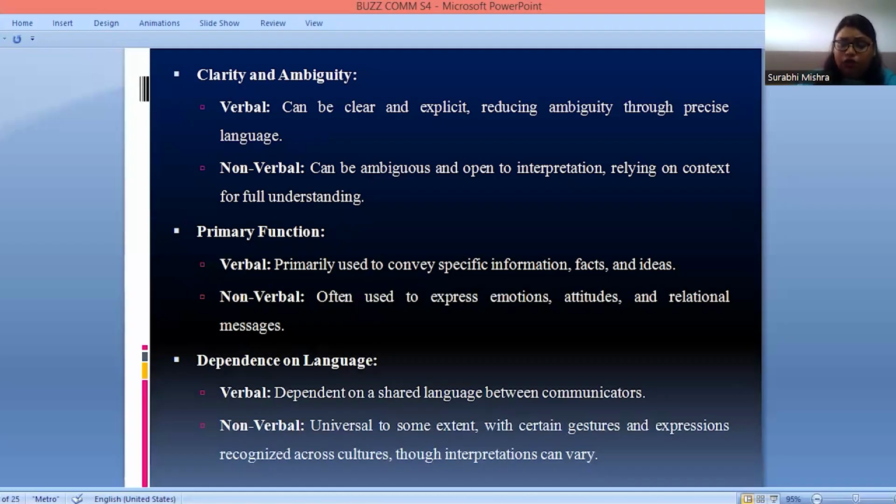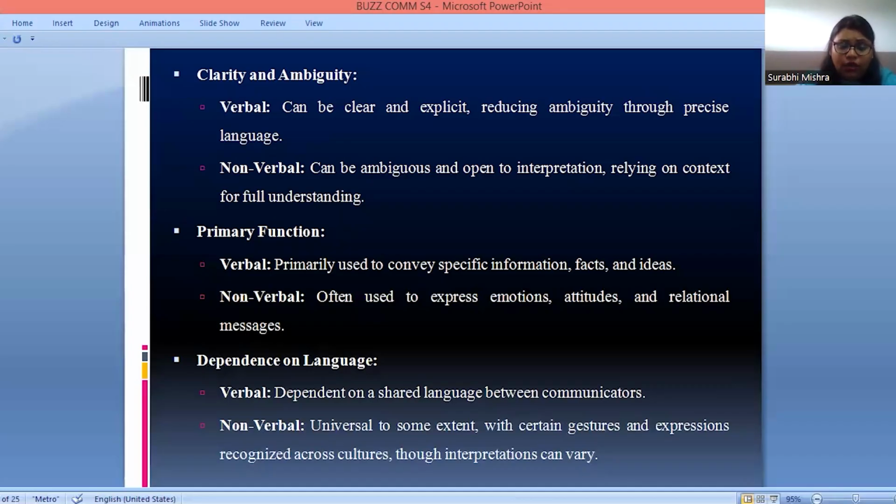So for that we need a close choice of words. There should be a proper selection of words and sentences. So that is totally dependent on the language we are using, either Hindi or English, or whichever primary language is used in that particular state, country, or city, right?